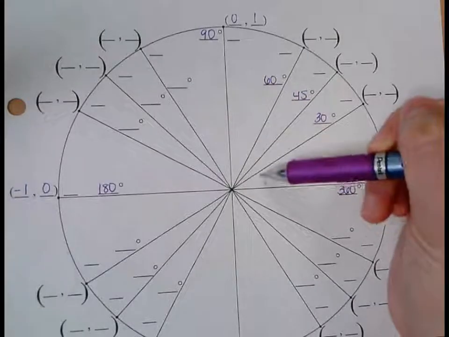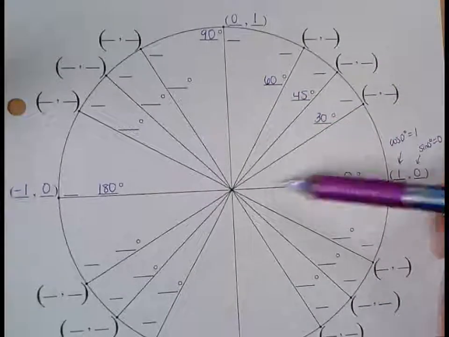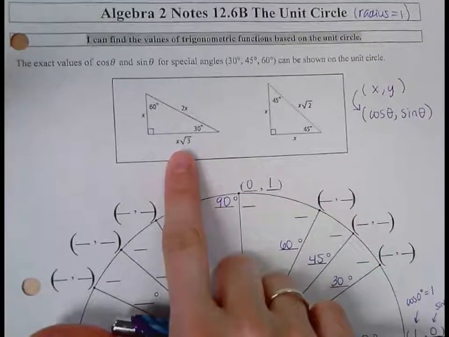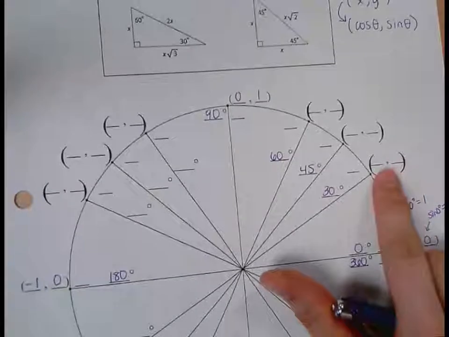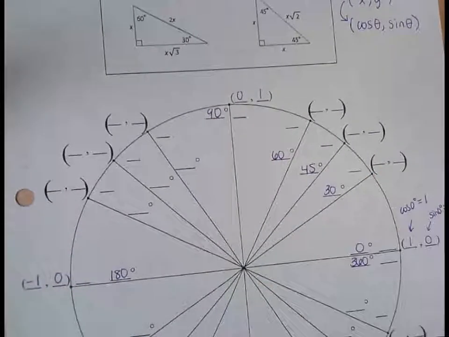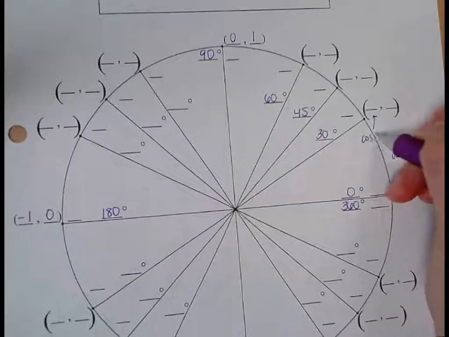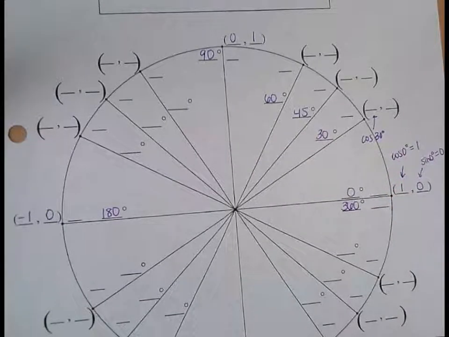And because this is 30 degrees, it would create a 30, 60, 90 triangle, which would look like this. And then because it's a special right triangle, I can find these coordinates knowing that the x-coordinate is going to be cosine of 30 degrees. I can find that from the right triangle.